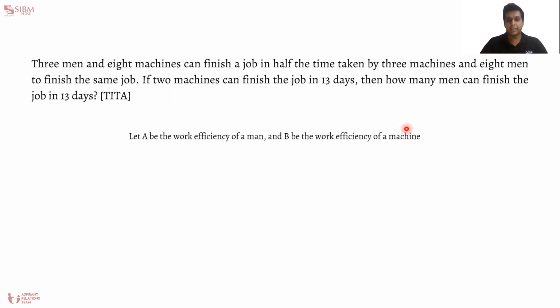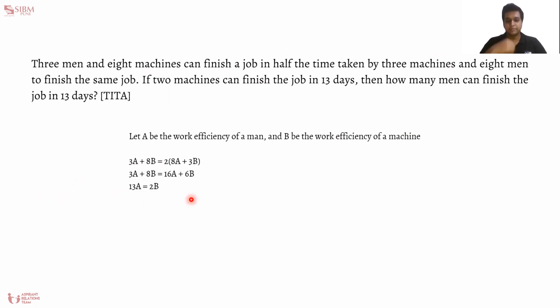So let's assume that A is the work efficiency of a man and B is the work efficiency of a machine. With the given information, we can write it in the form of an equation. We can say that 3 men and 8 machines work twice as efficiently as 8 men and 3 machines. When we solve for A and B, we get an equation which says 13A equals 2B.